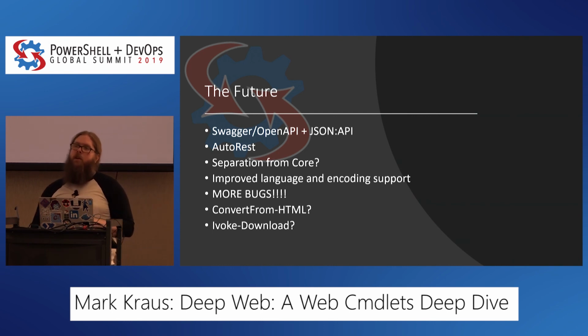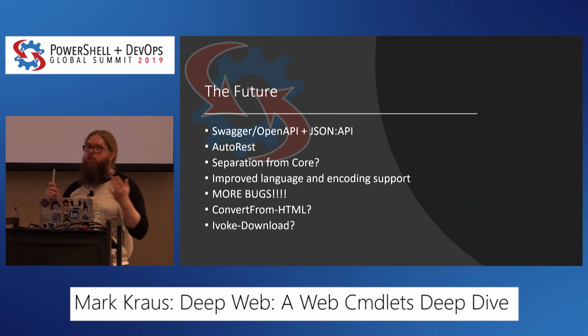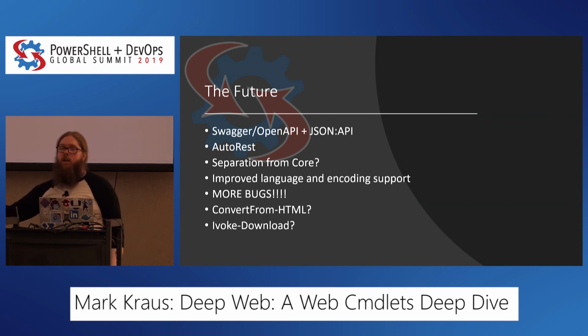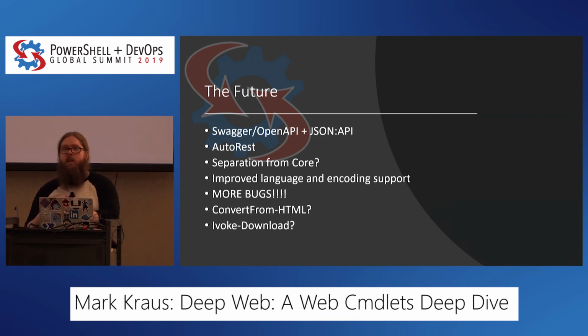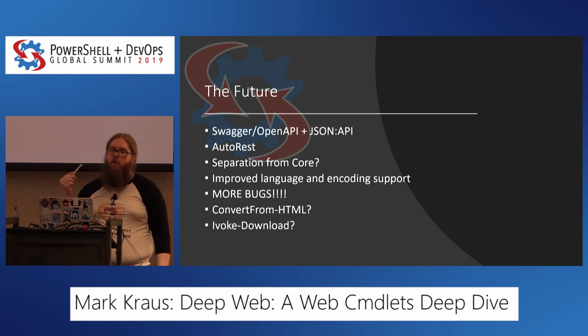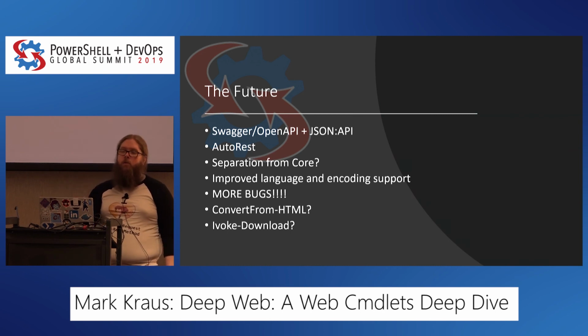A lot of things like Ember and .NET and Java support these out of the box to easily create APIs that you can work against any kind of endpoint, and easily create usable objects native to your language. So these are going to be the future, and we'll need to invest heavily as a community in making the web cmdlets work with these.